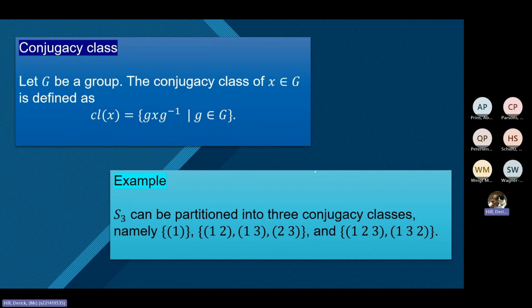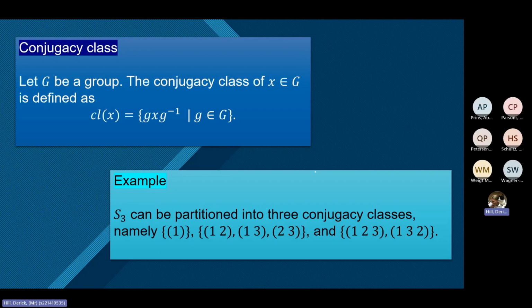Fantastic. Okay. So we have the definition of a conjugacy class. A conjugacy class of an element X is the set of all the elements conjugate to that element X. Conjugation is an equivalence relation, so we can partition a group into its conjugacy classes.